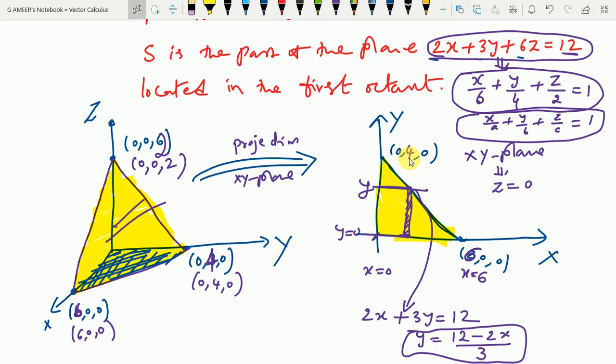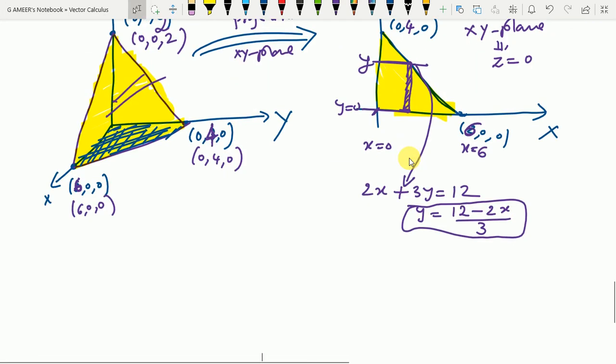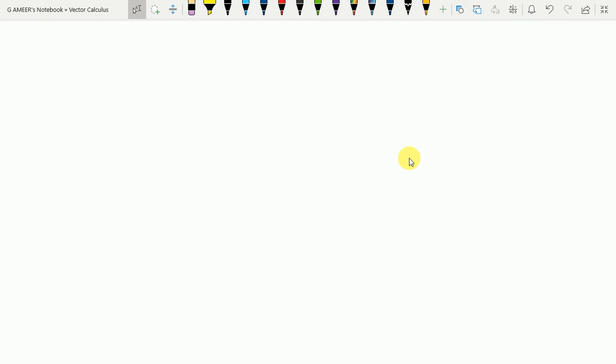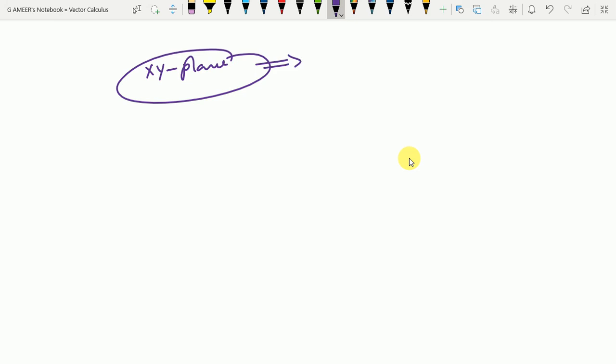So finally, be careful with the limits here. In the xy plane, the equation they have given will be 2x plus 3y is equal to 12.